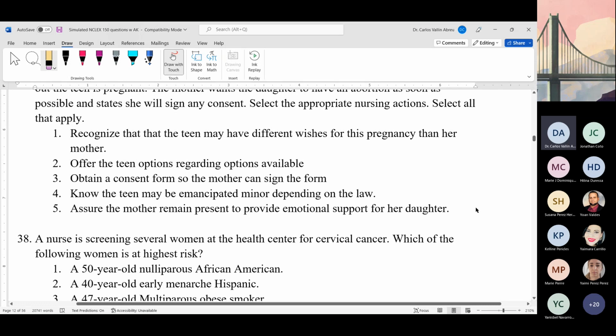Atrial fibrillation is tested so frequently. And for example, know very well the sequence of the steps of cardiopulmonary resuscitation. You don't need to be an expert to pass the NCLEX. Just demonstrate that you are a safe nurse. So I don't recommend you memorize all this variation of AV block.